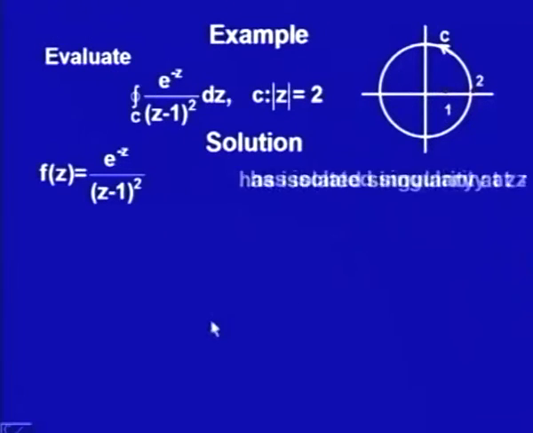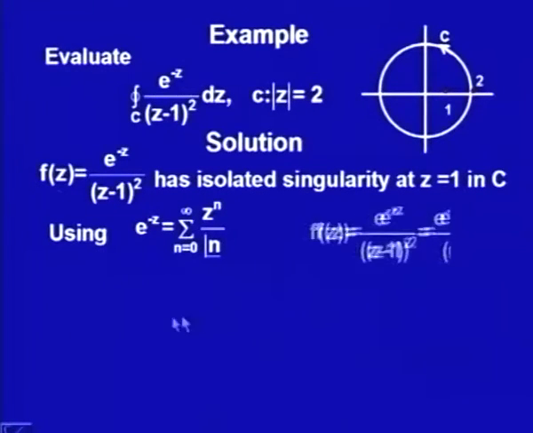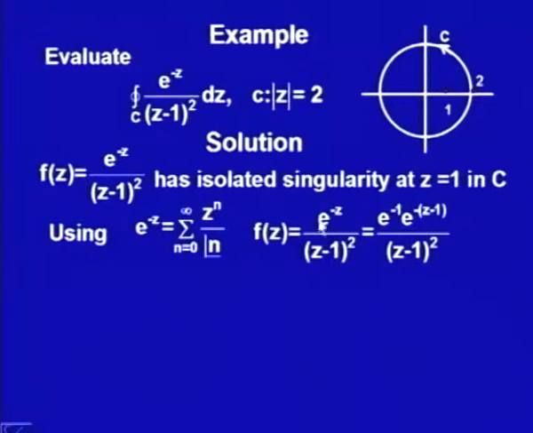Now, I can apply my residue result. Using the Maclaurin's expansion of e to the power minus z, I could write the Laurent series expansion of f(z) as e to the power minus z upon (z minus 1) whole square.